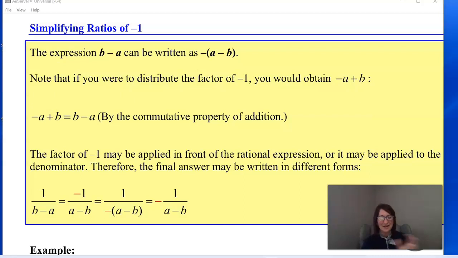When you have a subtraction problem, you can flip the A and the B, or change positions of the A and the B, as long as you factor out a negative 1. Okay?